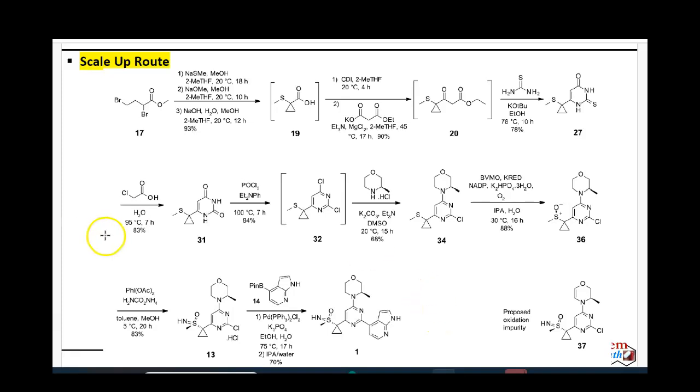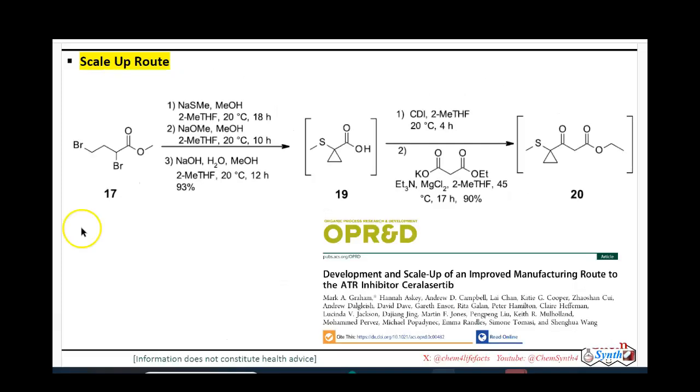Now I will be discussing each of the steps in detail. So here they started with this 2,4-dibromobutyrate molecule and treated it with sodium thiomethoxide in solvent 2-methyl THF and methanol as co-solvent.